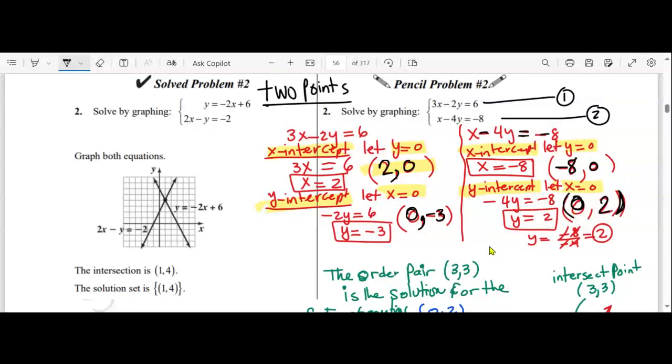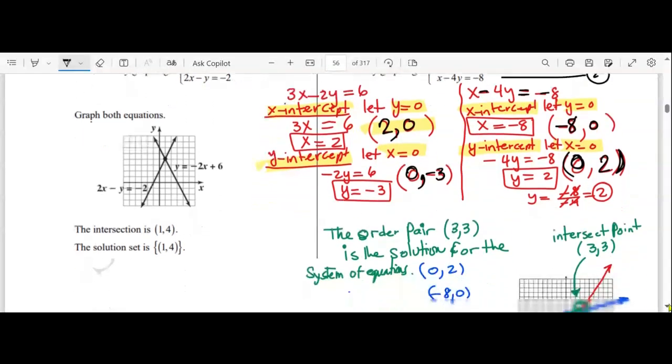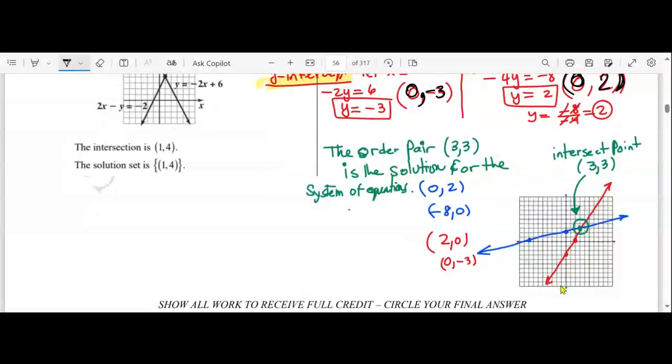Now I got 2 points here, 2 points here. All you have to do is graph them. Graph the first one. How much is this point here? Who can tell me? Minus 8 and 0, this point.